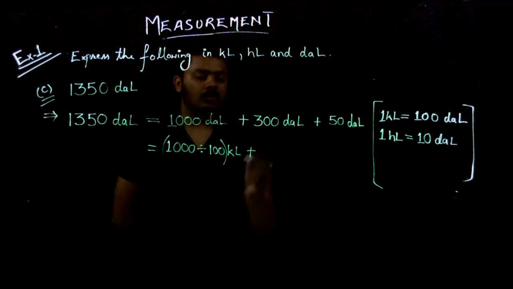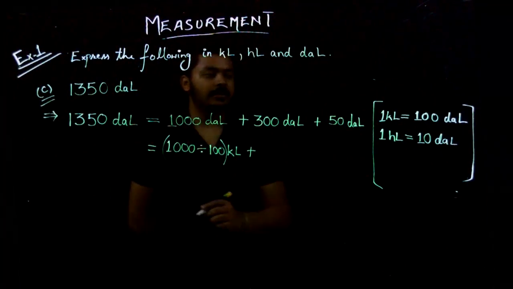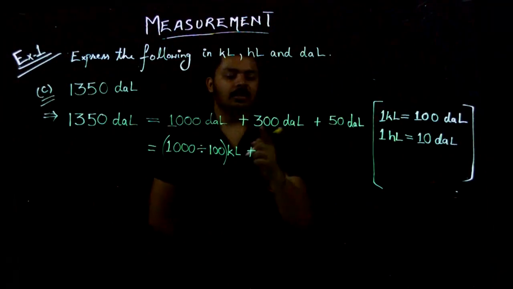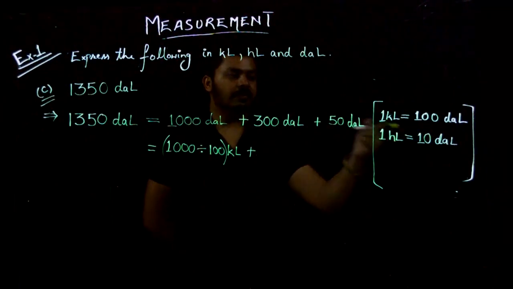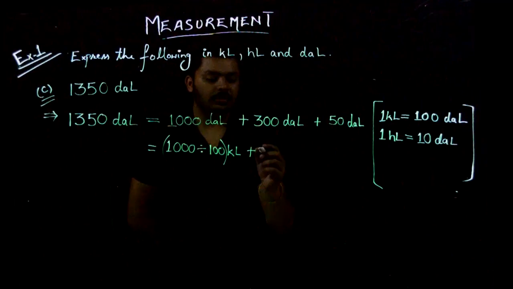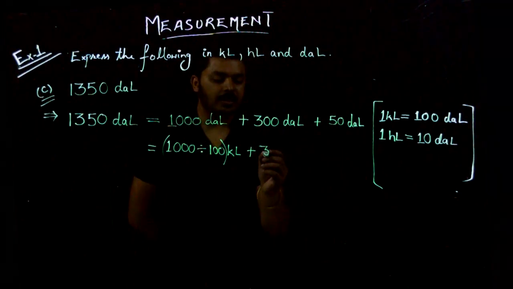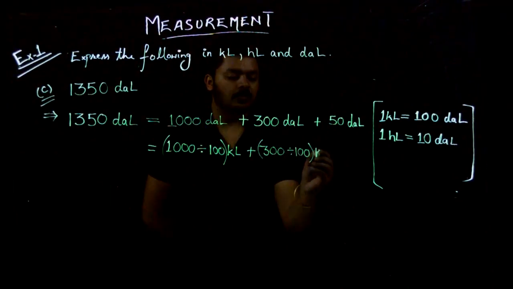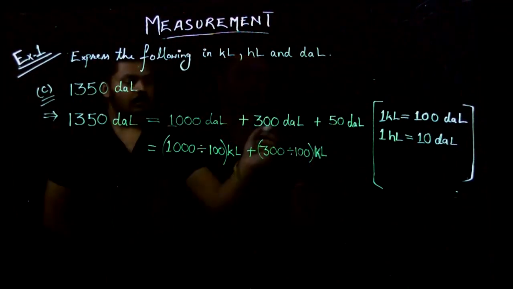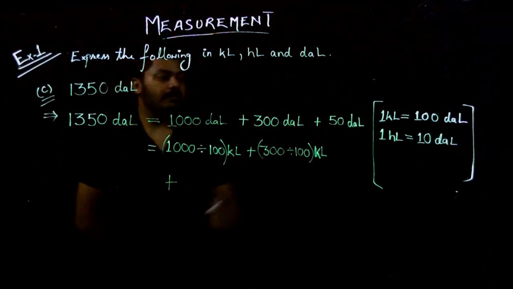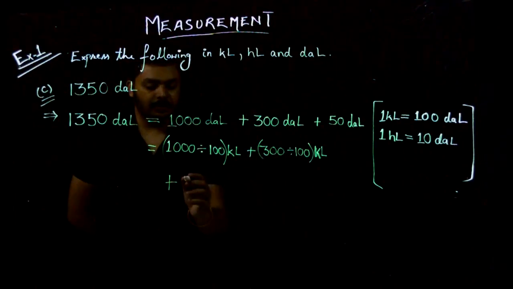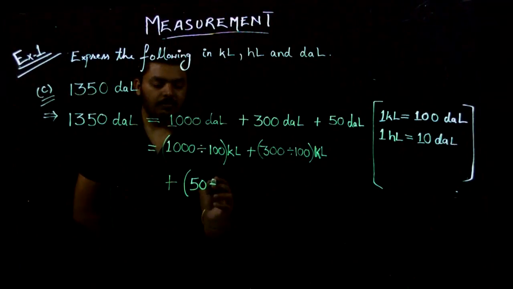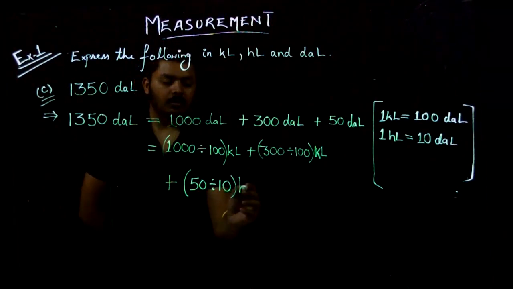Similarly, to convert 300 decaliters into kiloliters, since 300 is a multiple of 100, we divide 300 by 100. Now 50 decaliters can be converted to hectoliters by dividing 50 by 10.